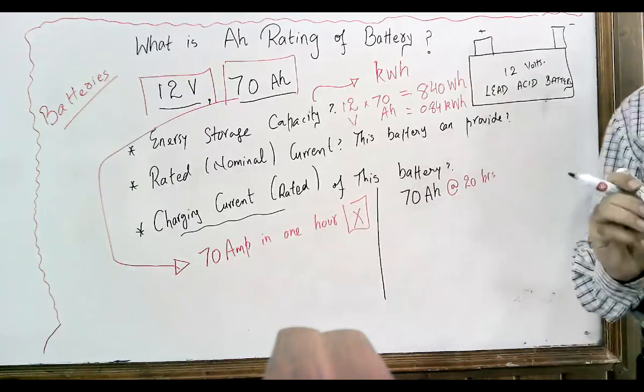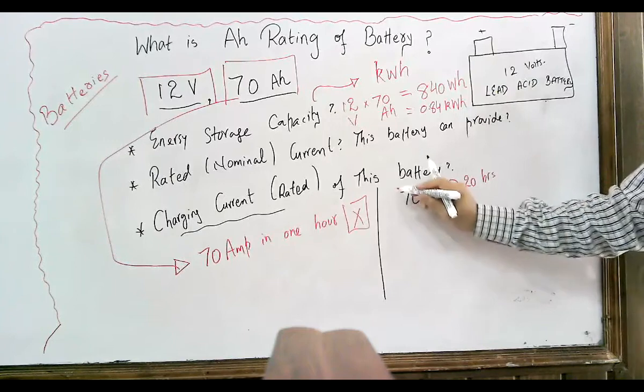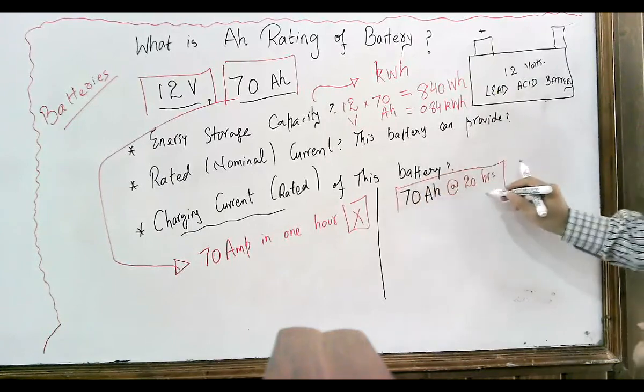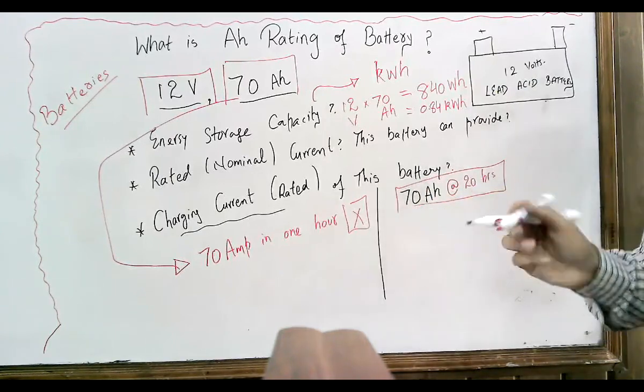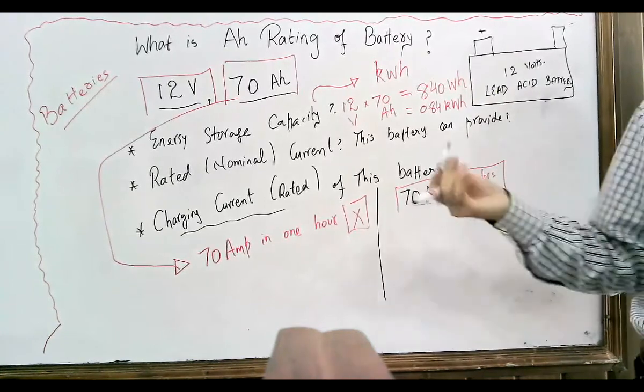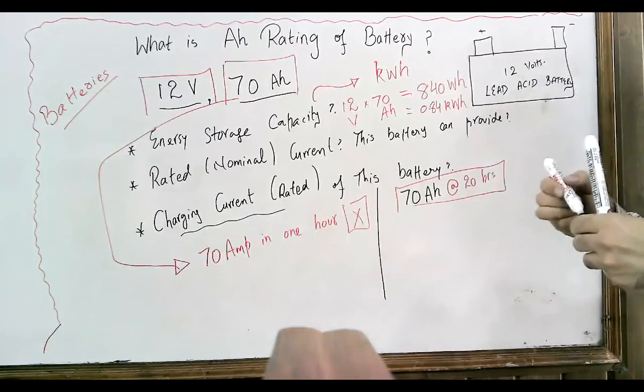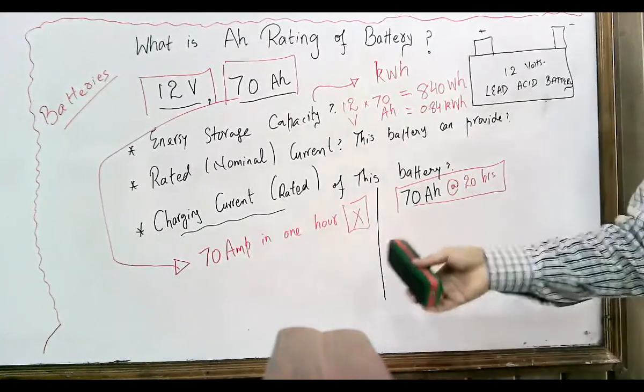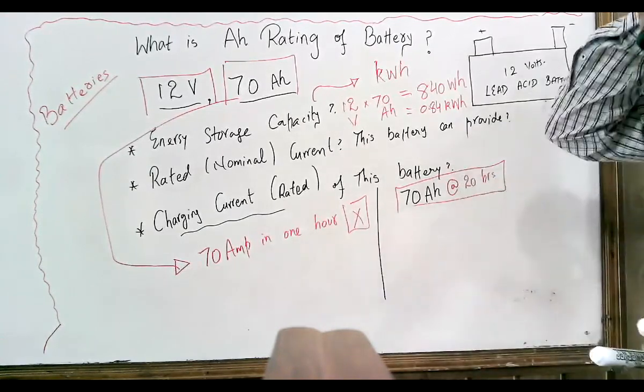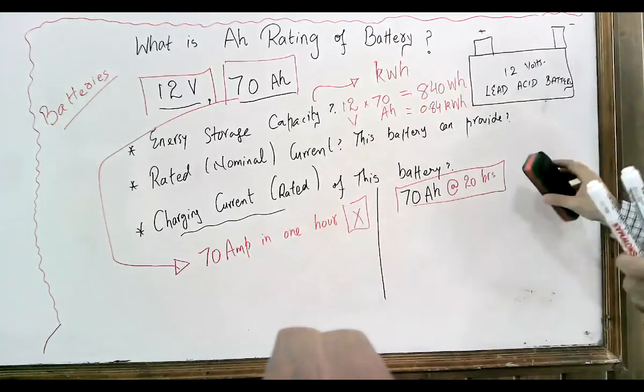It is mentioned on the battery packaging or on the battery, but many manufacturers also do not mention this rating. So how you can find out the rated current? You have a thumb rule.